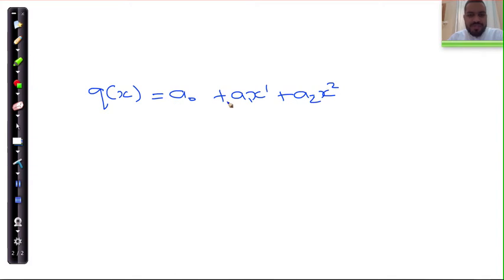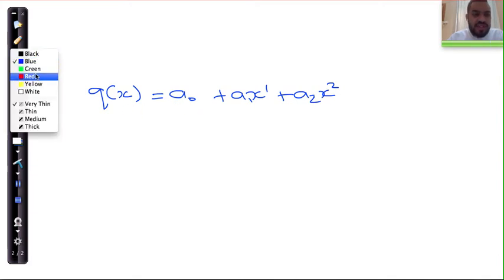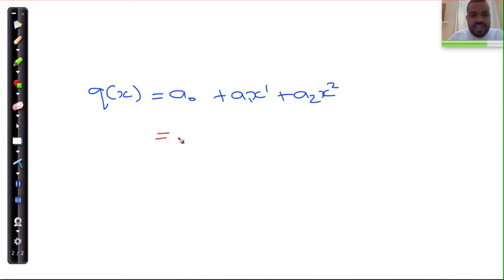And I represent them with different numbers simply to indicate that the coefficients themselves are different. This is exactly the equivalent of saying it's a plus bx plus cx squared, right?